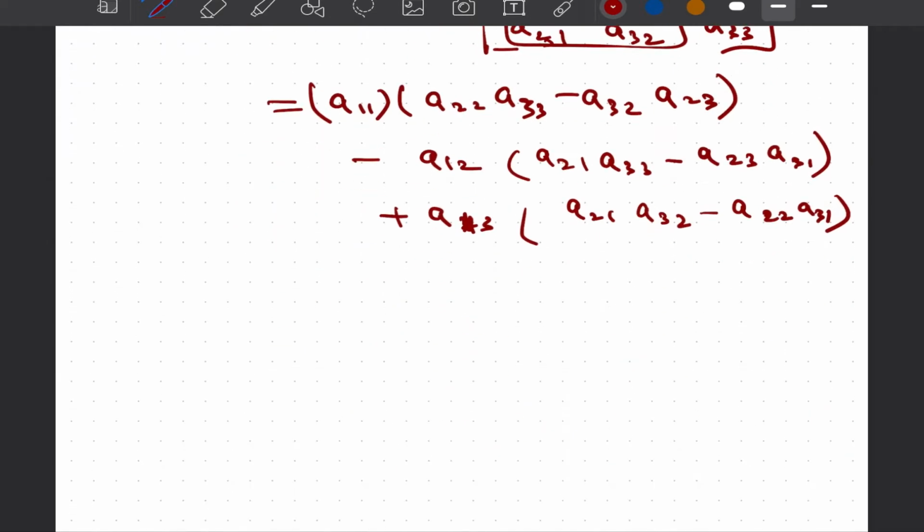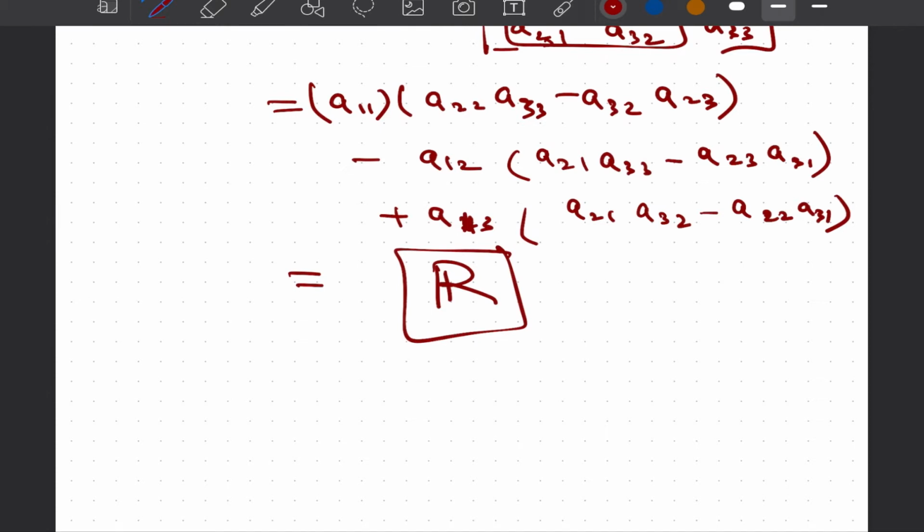And when we solve this particular expression, we are going to get an output as a real number if all the values within a particular matrix are real. Hence, this is a simple way we can calculate the determinant in the context of matrices.